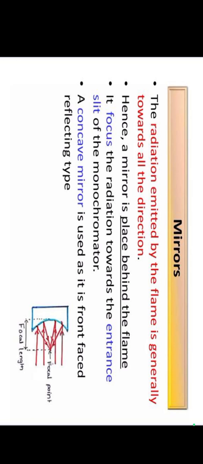The entrance slit is placed in front of the monochromator, and it allows only the radiation emitted from the flame and reflected by the mirror to enter the monochromator. The second, the exit slit, is placed after the monochromator. Its main use is to allow only the selected wavelength. These are the two slits present in the monochromator, before and after.